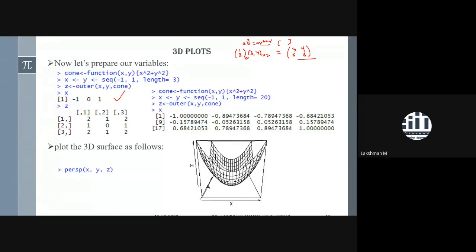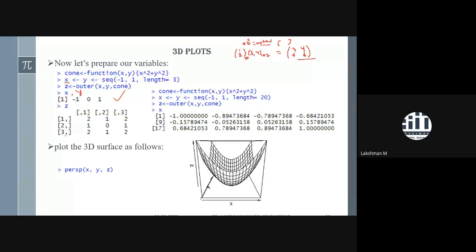One example, very simple. X takes values from the sequence -1 to 1 with length 3. That means X takes three values: -1, 0, 1. Similarly, Y also takes -1, 0, and 1.